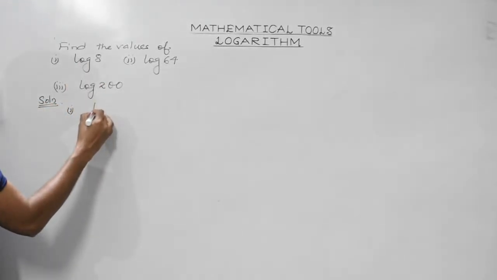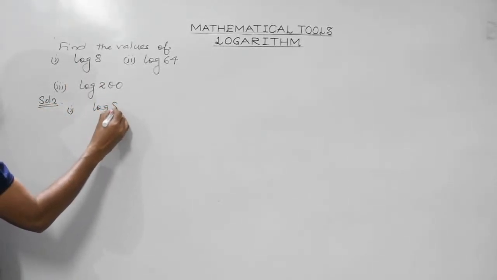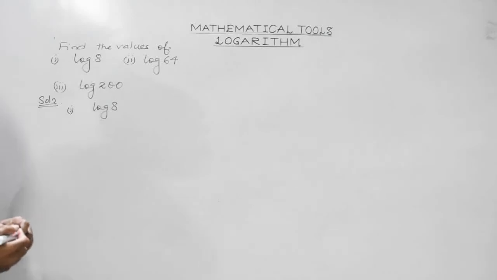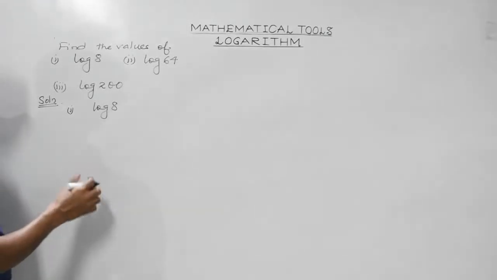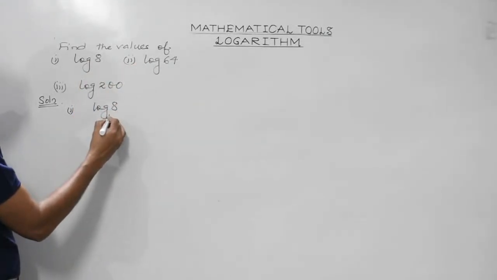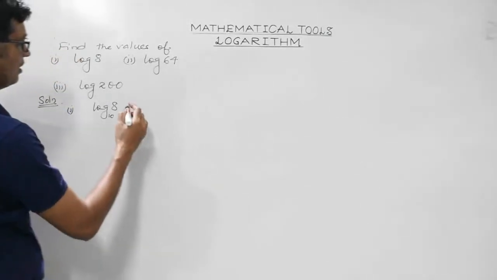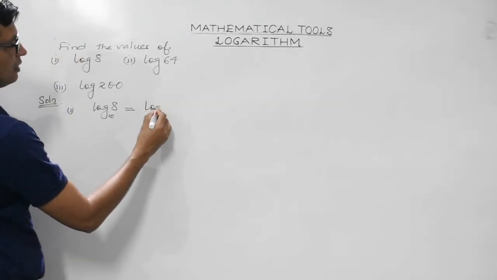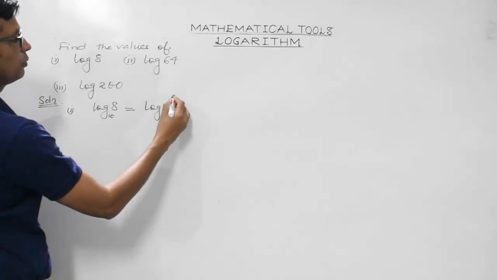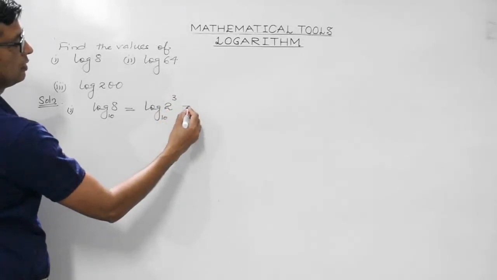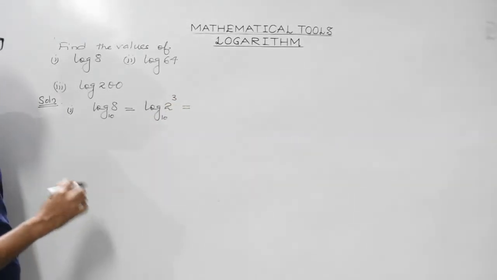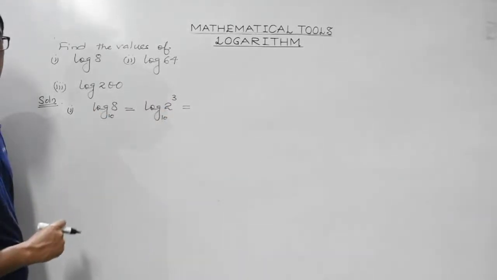It is log 8. As I mentioned, if nothing is given, it means that we need to consider only the common logarithm, that is to the base 10. Can it be written like this? 8 is 2 to the power 3. Isn't it? 2 to the power 3 is 8. So we can make use of the power rule.